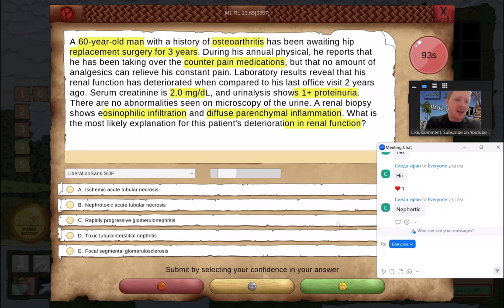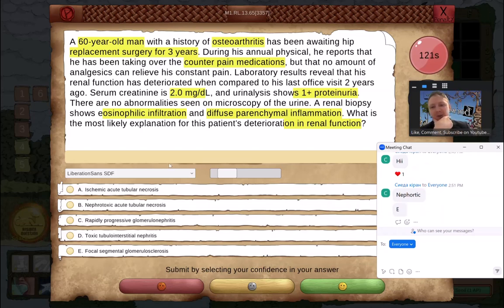One really common thing when you're talking about medications is also if you have renal tubular acidosis. So if it's nephrotic, which answer choice? It's hard to quiz you on things and ask you questions that are really in depth.